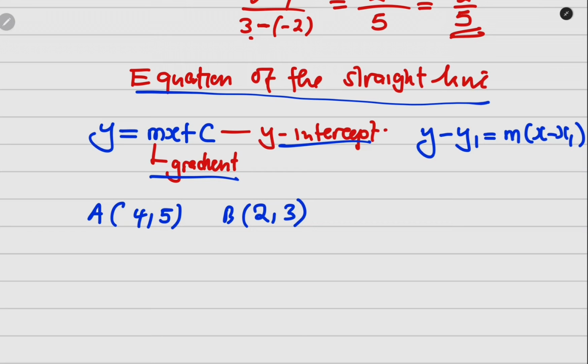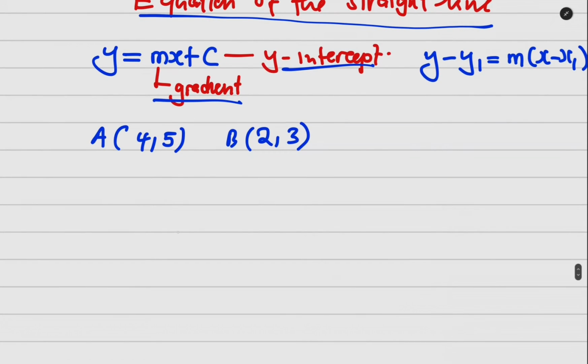Now if you are asked to find the equation of the straight line AB with these two coordinates, how do you find it? Like I said, the first thing you have to find is the gradient. The gradient is equal to y2 minus y1 over x2 minus x1.